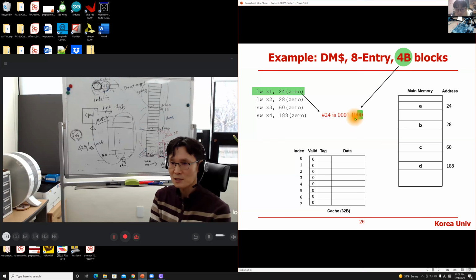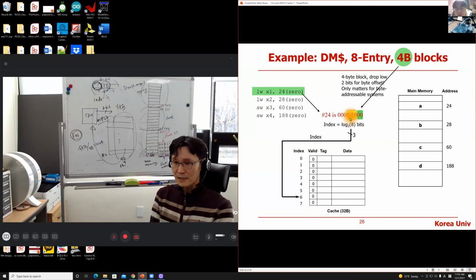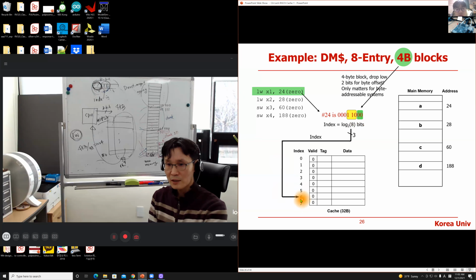Among these 6 bits, you use the next 3 bits to select, to index the cache entry. So 110, which is 6. Cache entry number 6 is selected for lookup.